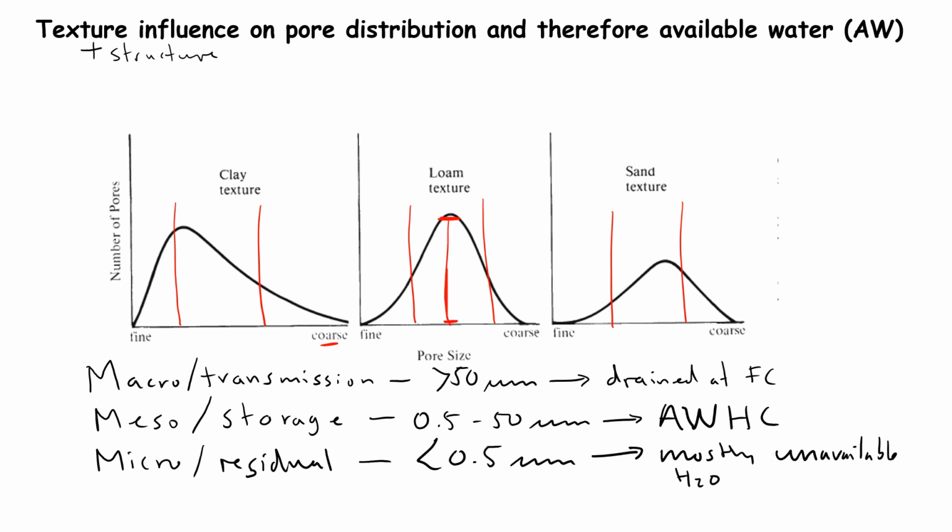In a fine texture soil, we have a lot of fine pore space that would be residual and so unavailable, and we have a little bit of macropore space which drains rapidly. But our available water is not as high as in the loam texture, which is dominated by these storage pores, versus our sand, which is dominated probably by these macro size pores. And therefore water drains out of sands rapidly, and there's less available water in the middle.